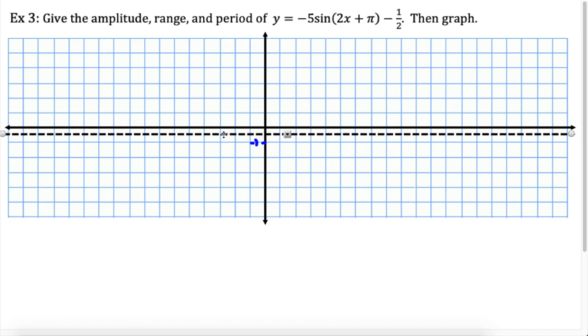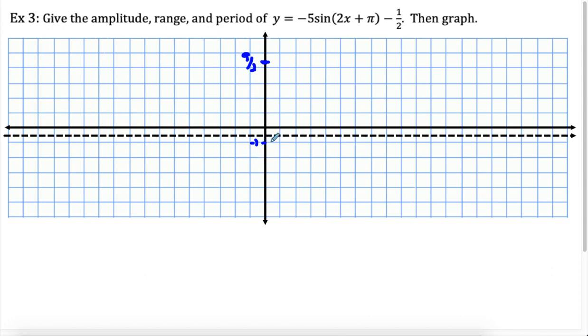Then, if I go up 5 and down 5 from the midline, let's label those points here. So if I'm at -1/2 and I go up 1, 2, 3, 4, 5, I'm going to be at 4.5, or 9 halves.